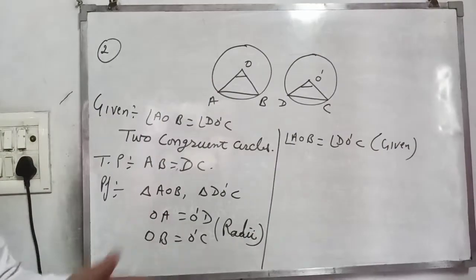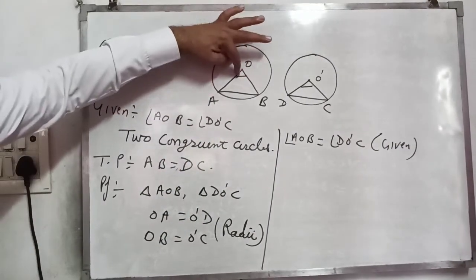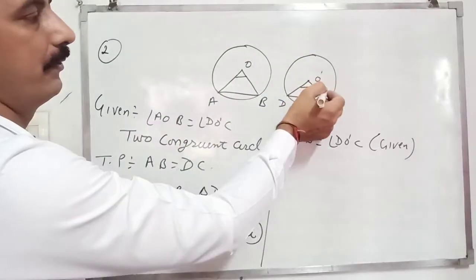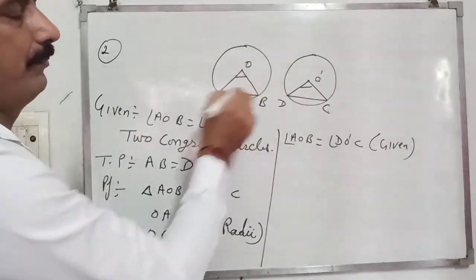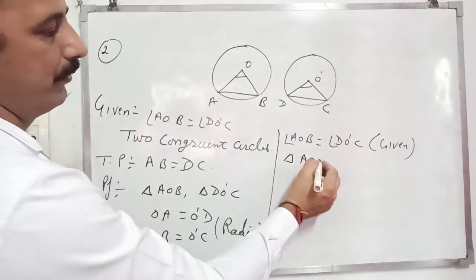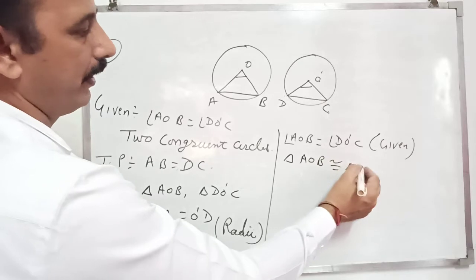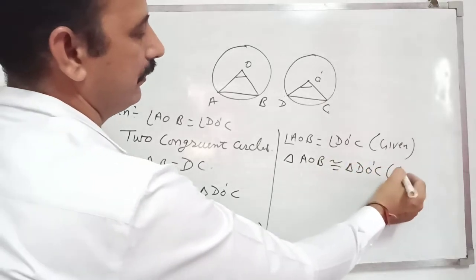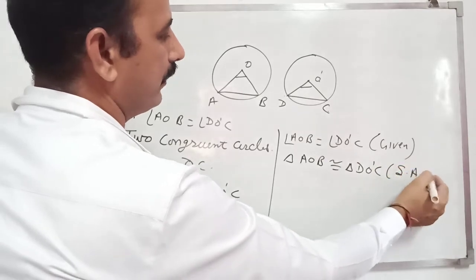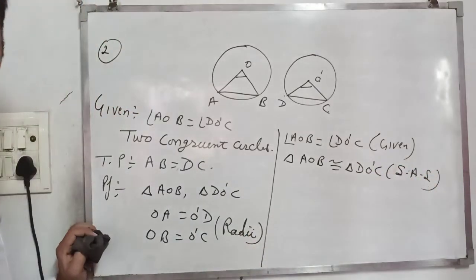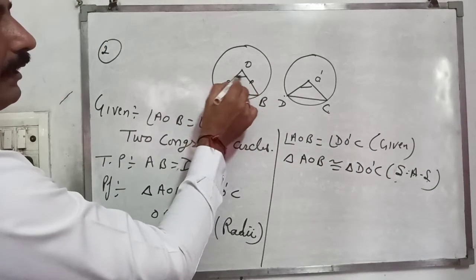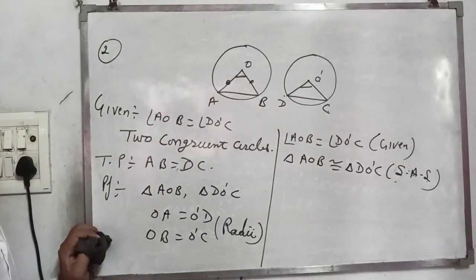So triangle AOB is congruent to triangle DO'C by side angle side: one side, second side, and the angle between these two sides.